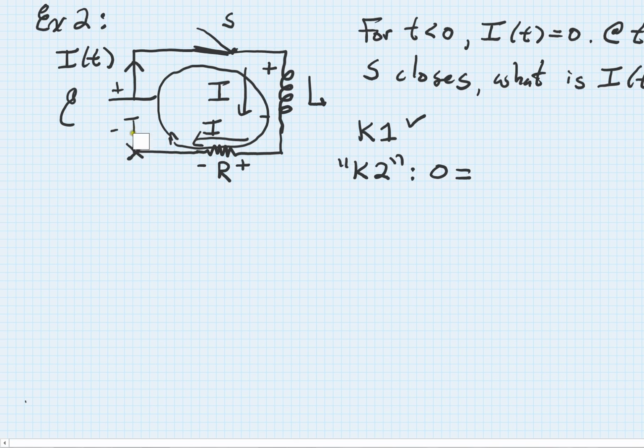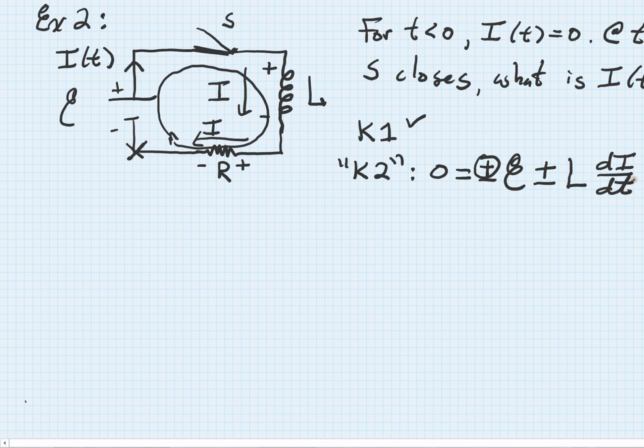When I do that, the first thing I come across from this X is my battery going from minus to plus. So that's plus or minus the EMF. But we've gone from the minus to the plus side, so that comes in with a positive sign. The switch and all the wires are regarded as ideal. I have my inductor next. And when we go across an inductor, as we've just said, that's always plus or minus the inductance times di dt.